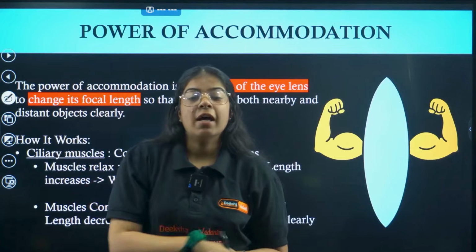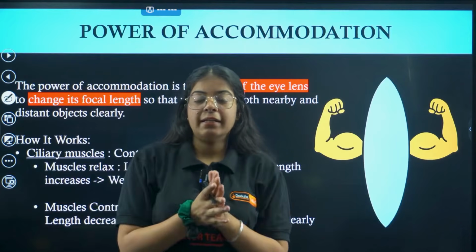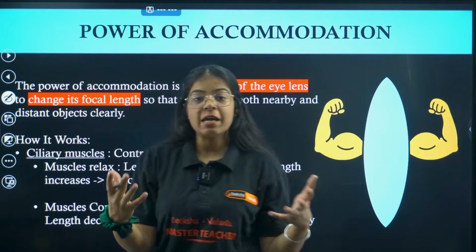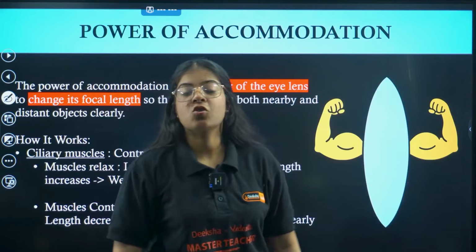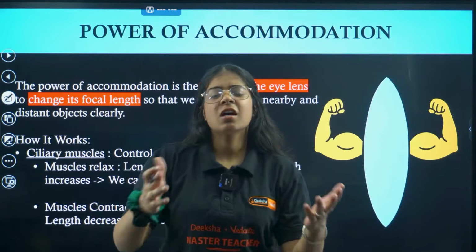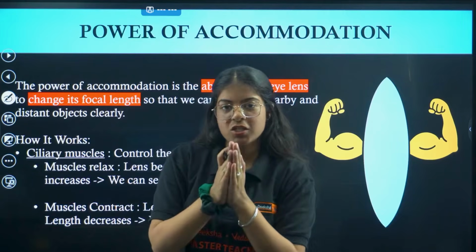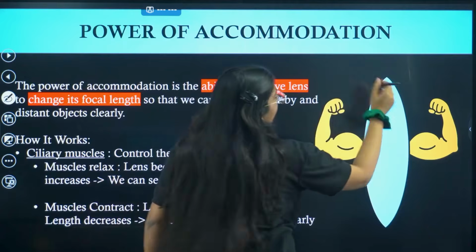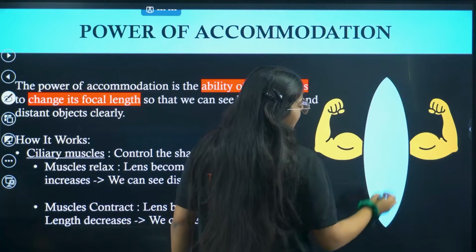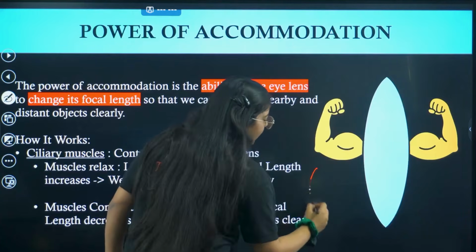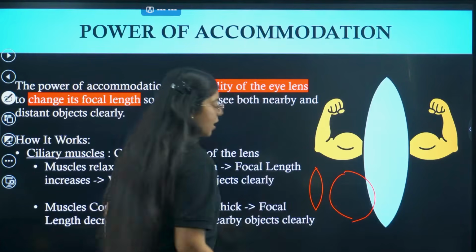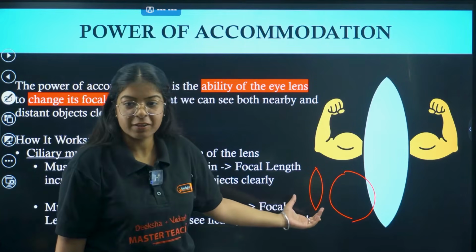So first of all, the ability of our eye lens to change its shape, to change its size is called power of accommodation. If it's changing its shape and size, this is a convex lens, and if this is a convex lens, their focal length will be different, right?